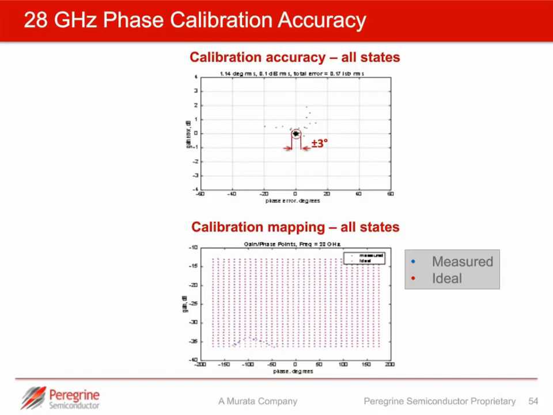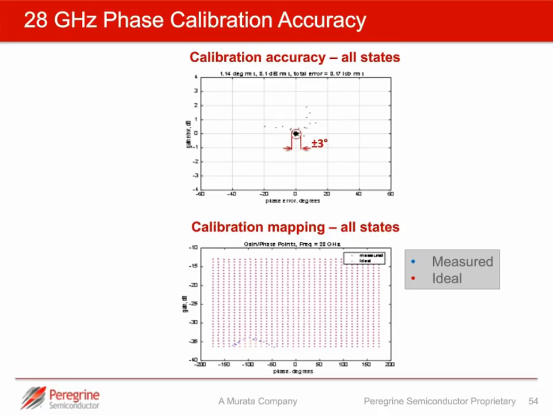And this is showing some measured data of what is possible. What we're showing in the top diagram is if we look across all phase possibilities, all combinations, looking at gain adjustment and phase adjustment, we can hold less than plus or minus 3 degrees phase error across all possible combinations. The diagram at the bottom is showing the calibration mapping for all states. So what this is showing is with gain control on the vertical axis and phase adjustment on the horizontal axis, the red dots indicate the ideal or target location for each point, and the blue dots show the measured results.